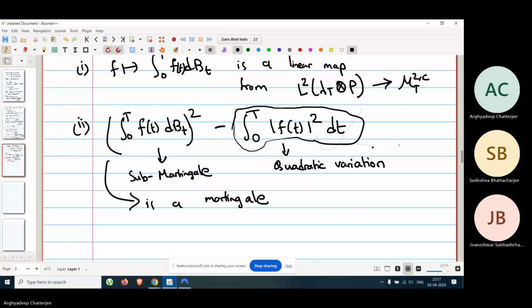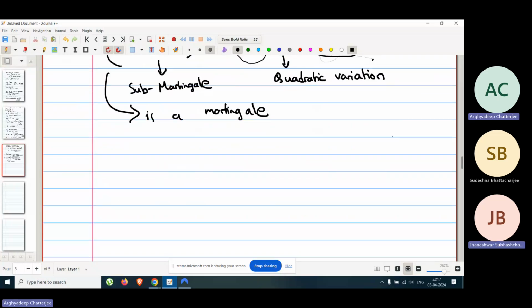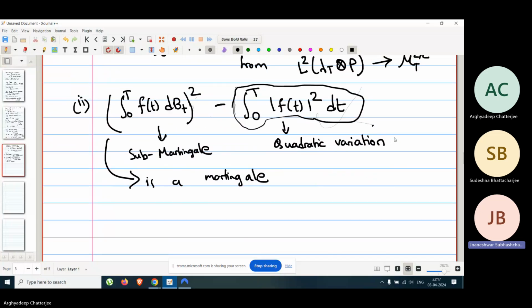Is this related to the integral from 0 to t of f of t dB_t, which is itself a continuous martingale? The integral without the square is a continuous martingale. Is that martingale somehow related to this submartingale minus quadratic variation?